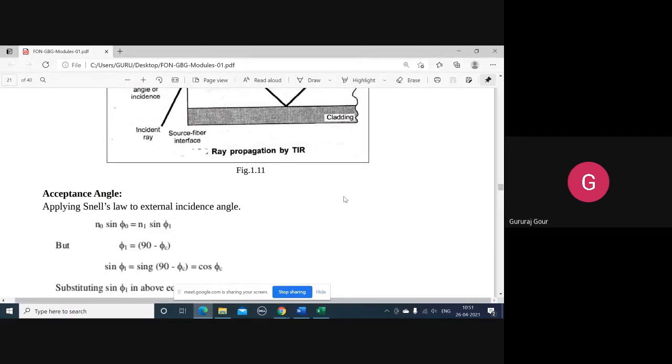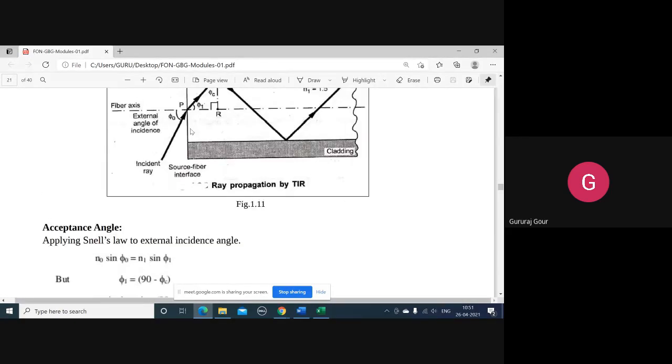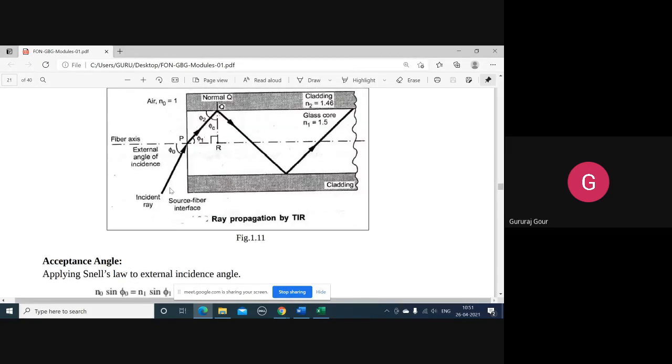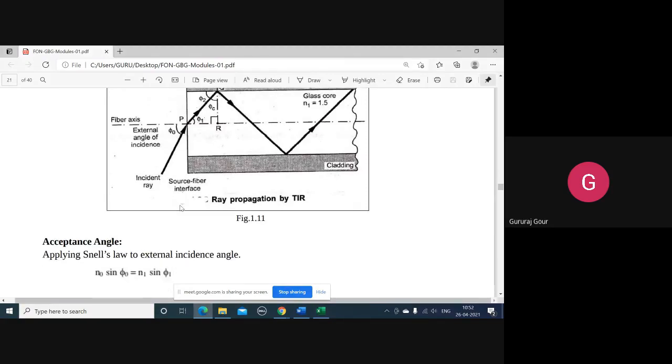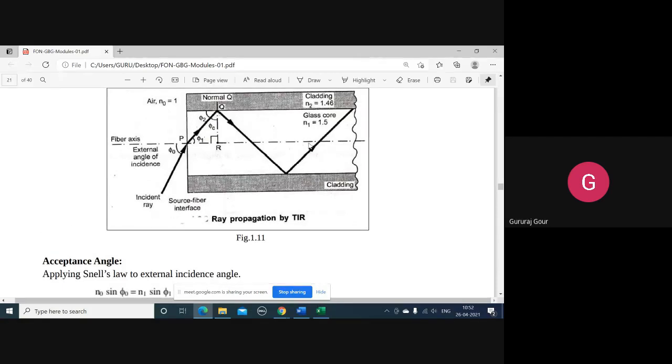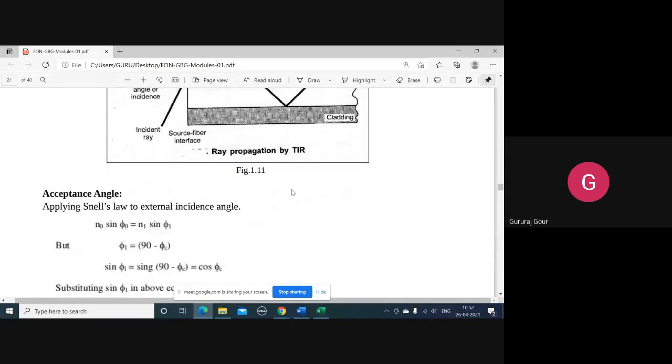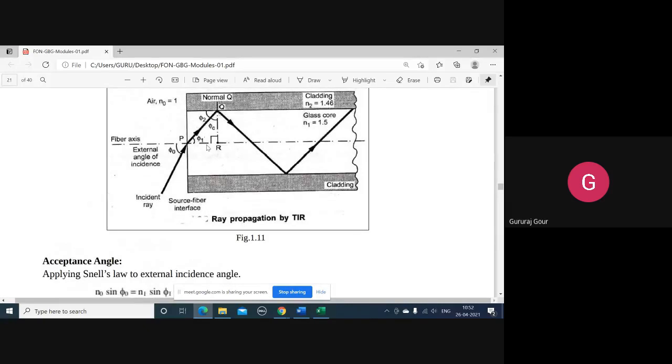Applying Snell's law to the external incidence angle, that is n0 sin phi0, n0 is the air index, phi0 is the external angle of incidence, equal to n1 sin phi1, n1 is the index of the glass core, and phi1 is the angle of refraction, or the angle that is happening in the core.